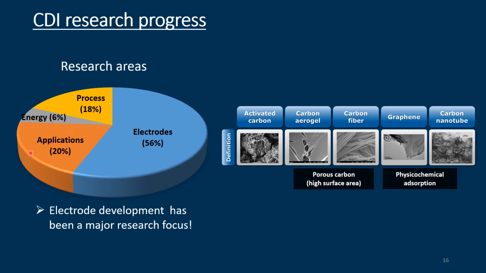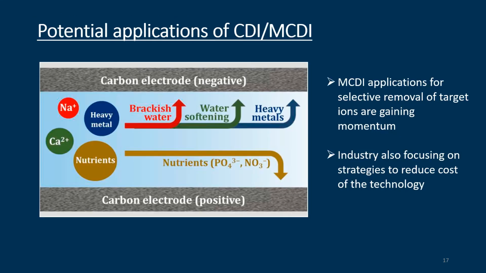And then application 20%, process development 18%, energy 6% of the CDI research, and mostly they are targeting brackish water, water softening, and heavy metal removal. For example, you need to remove arsenic or nitrate in your groundwater to produce drinking water.